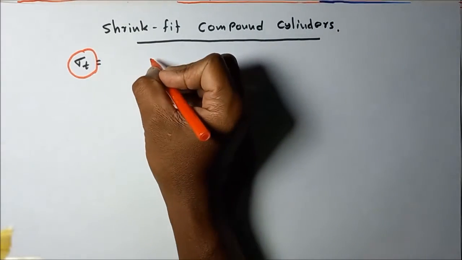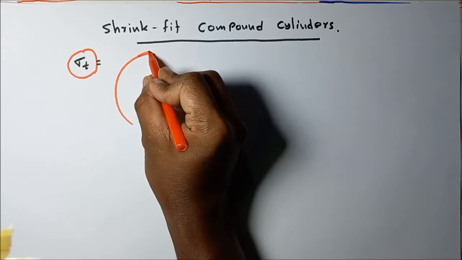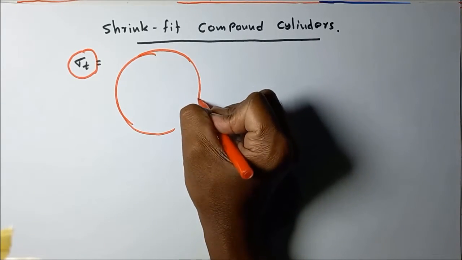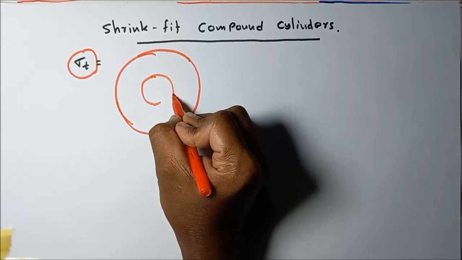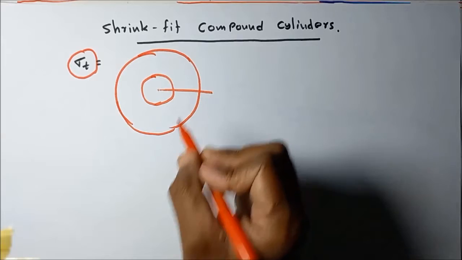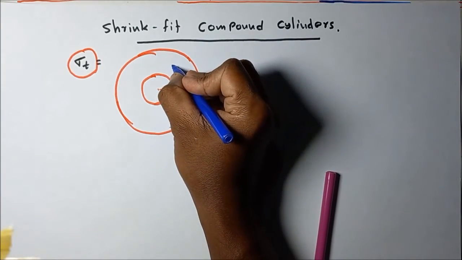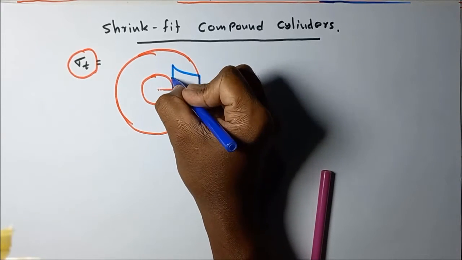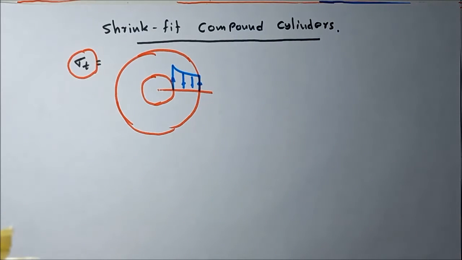If you take the thick wall cylinder, this developed sigma t we can represent in this kind of graph. Already we obtained this graph. This is how sigma t varies.